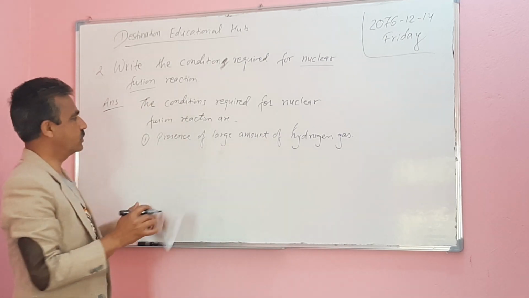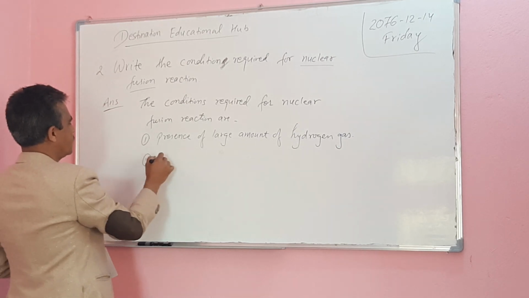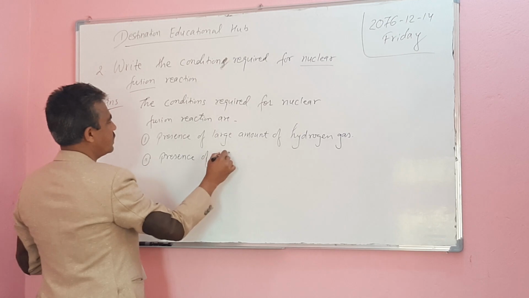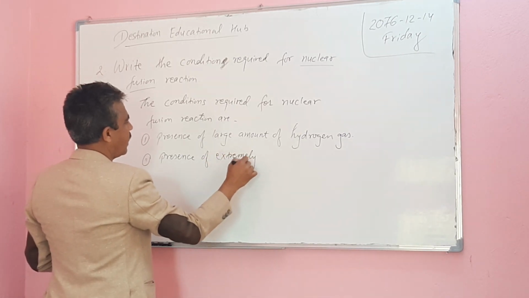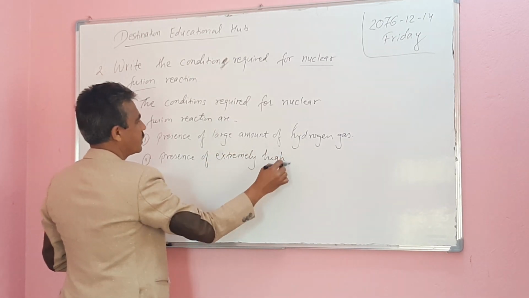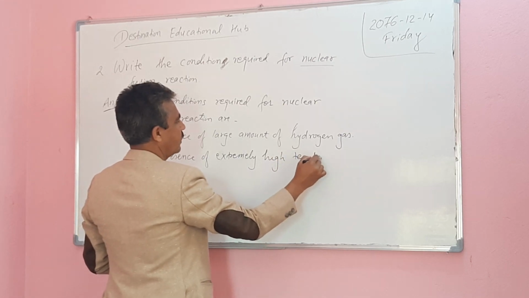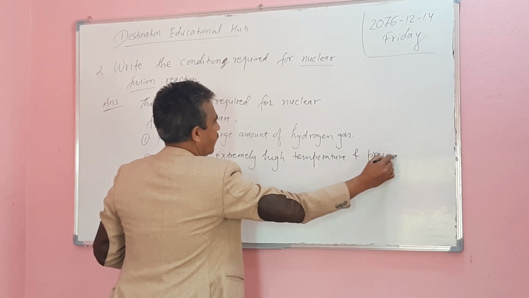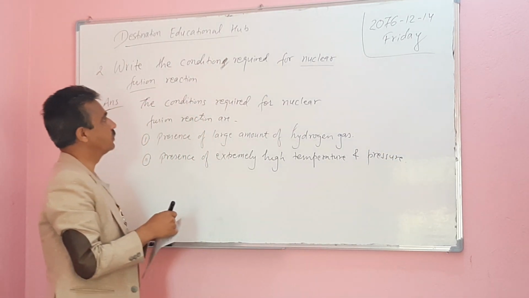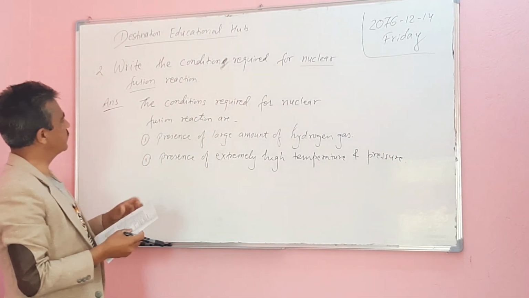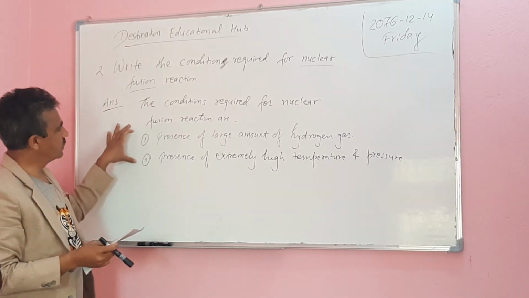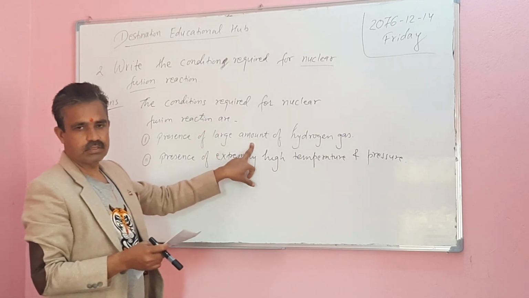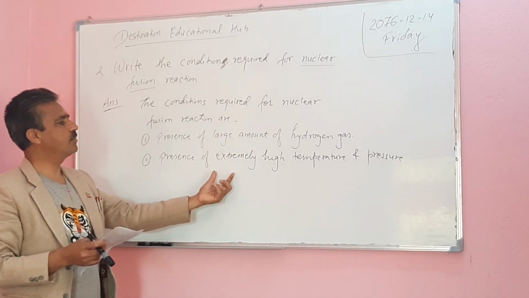And second, presence of extremely high temperature and pressure. This is a question of 2 marks, so you need to write 2 points. The conditions are presence of a large amount of hydrogen gas and presence of extremely high temperature and pressure.